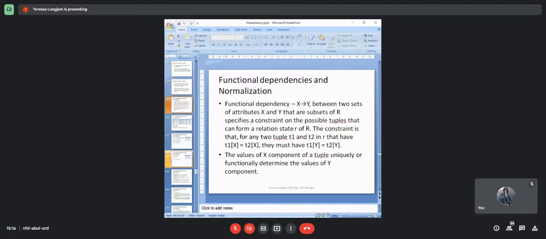And the third one, updation anomaly. If you want to update the manager SSN of a department, or the manager start date of a department, then you have to update it for all the entries of the employees belonging to that department. You need to see the company database for this.